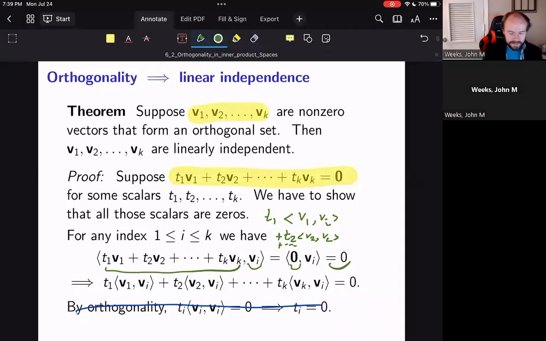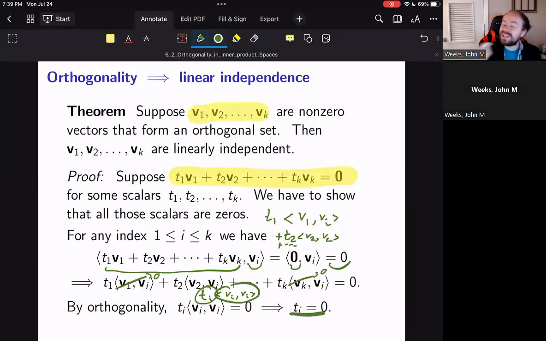Now, secondly, I know also that once breaking it apart, a lot of these terms individually equal 0, everything except the ith term. So the only thing that is going to be left, once I cancel out all the terms that just evaluate to 0, is ti times the inner product of vi with itself, which is, by the way, non-zero, since these are non-zero vectors. Well, if this is equal to 0, and this is not equal to 0, then ti must be 0.